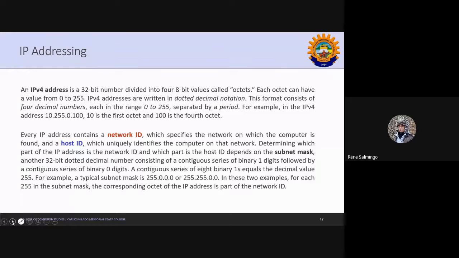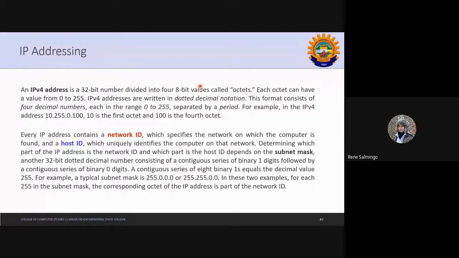That's why, for example, when we go to our internet properties and set an IP address, automatically your subnet mask value would be 255.255.0.0. So that's how the computer uses the dotted decimal notation.